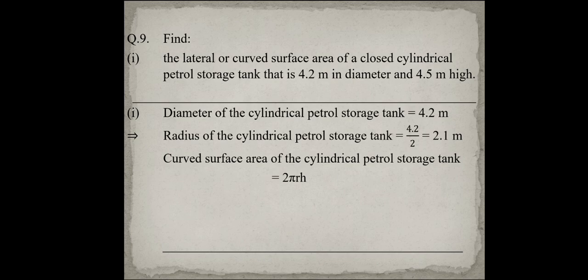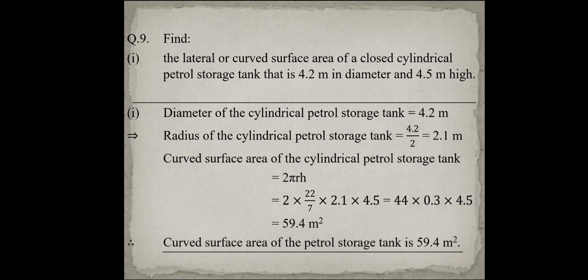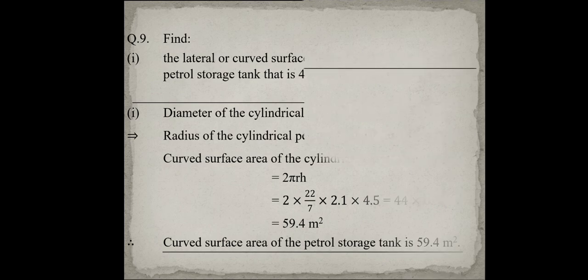Lateral means, as I told you earlier in cube and cuboid, like your room, this is a cuboidal shape, where the lateral surface means the walls of that room. So here the curved surface is 2 pi RH. Put values here, and then you will find 59.4 meter square, that is the curved surface area of the petrol storage tank.